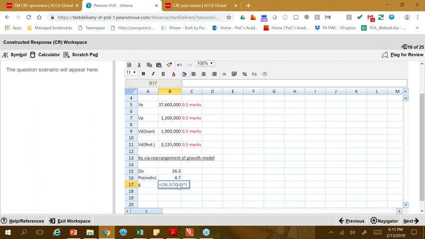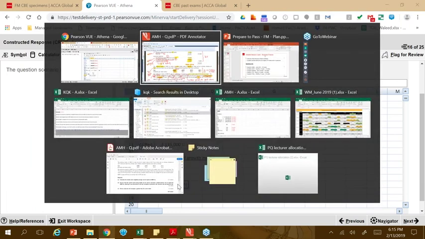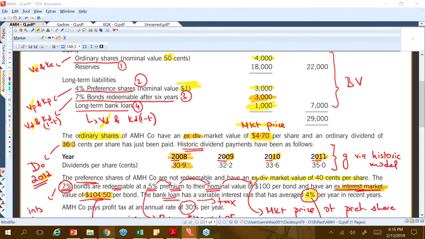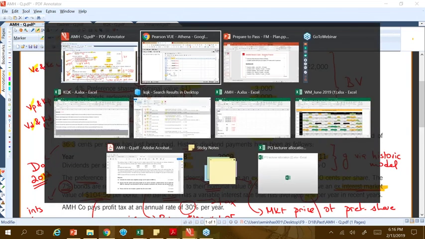Now I want you to see this point. If I am using the 2012 dividend as D0 and the Dn is 2008, then what is the year differential between these 2 points? From 2012 to 2011 is 1 year, then to 2010 is 2 years, then to 2009 is 3 years, and then to 2008 is 4 years. So it's 1 by the 4.